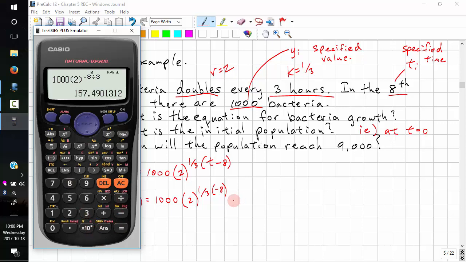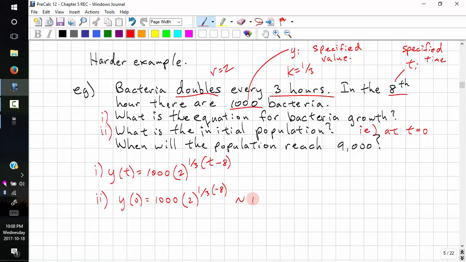We get approximately 157.49. You can't have 0.49 of a bacteria, so we round down. Even if we had 0.8 of a bacteria, we still round down because you can't round a bacteria up. So 157 bacteria.